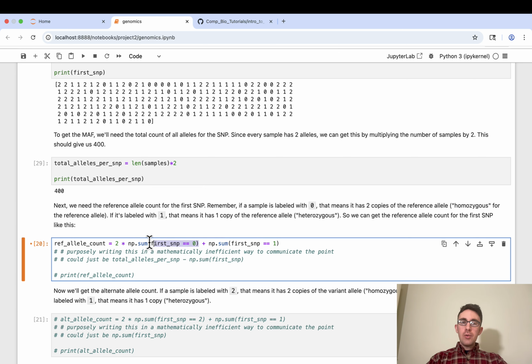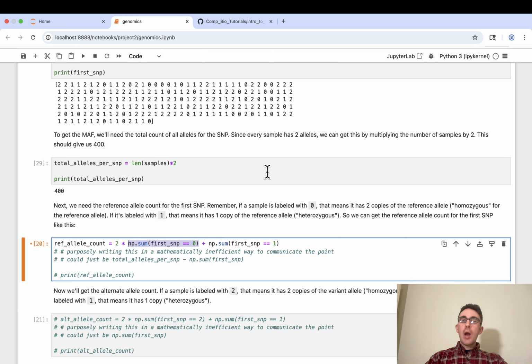So we're going to count up how many zeros there are in this array for this first SNP, and then multiply that number by 2, because every time we see a 0, they have 2 copies of the reference allele. And then we also need to account for all the 1s.